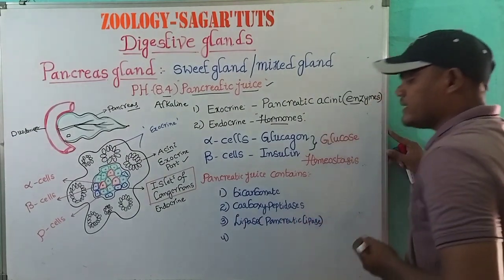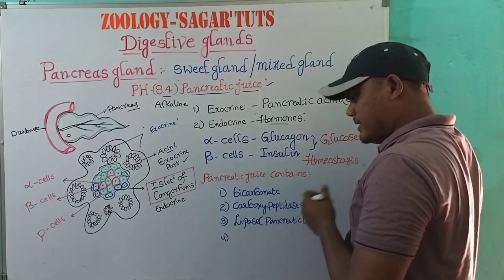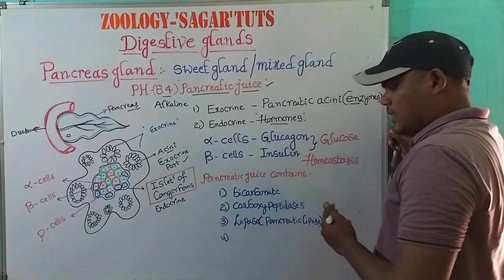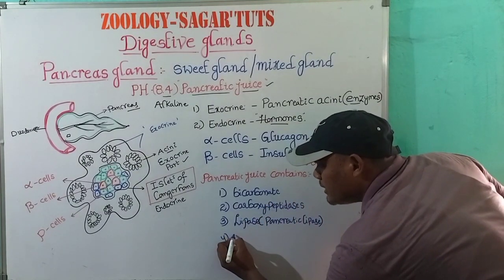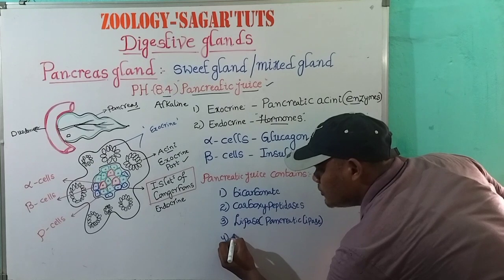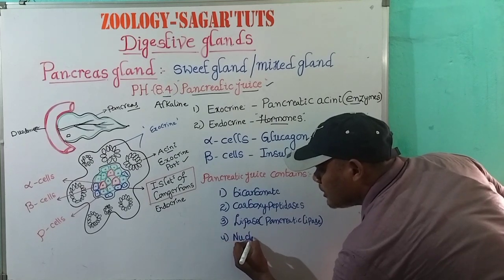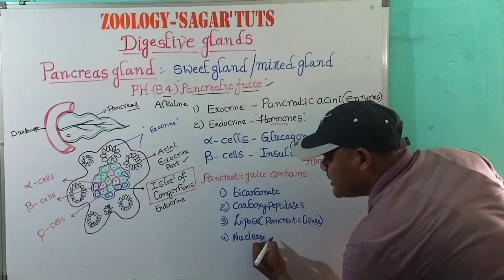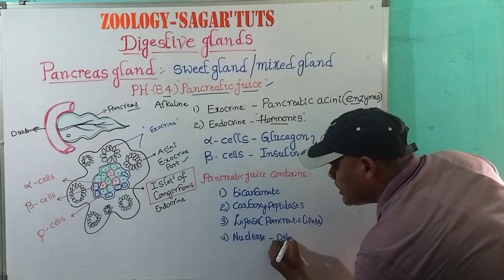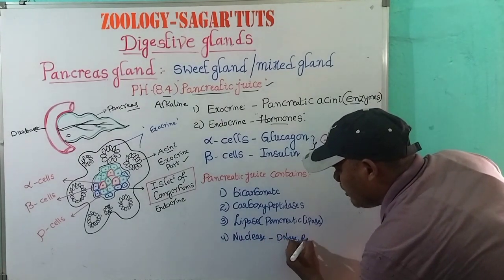So the pancreatic lipase, carboxypeptidase, bicarbonate and nucleases, that means DNAs and RNAs.